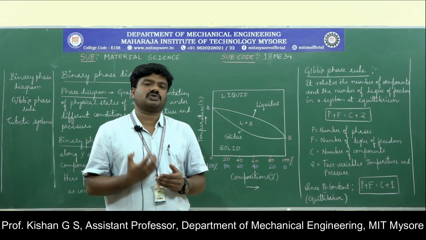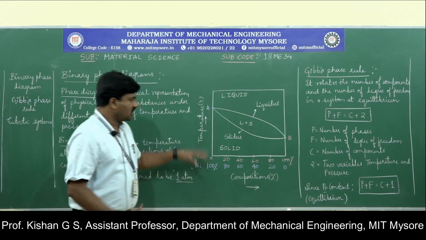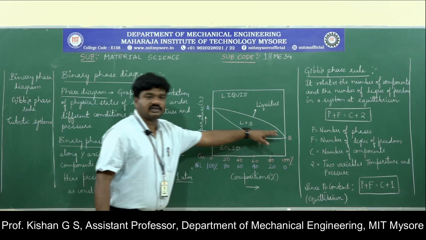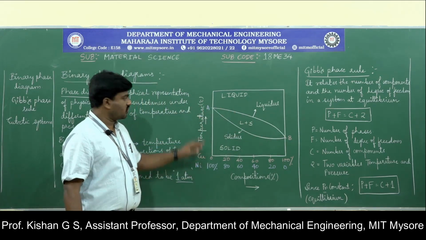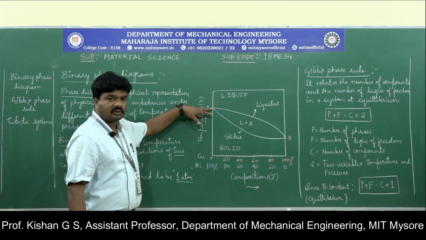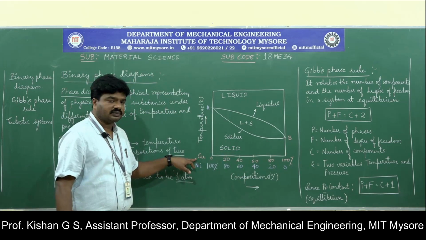That is where the process of solidification and solid solution comes into picture. These are the two varied temperatures at which the melting of the respective material takes place. A is the melting temperature of nickel, whereas B is the melting temperature of copper.